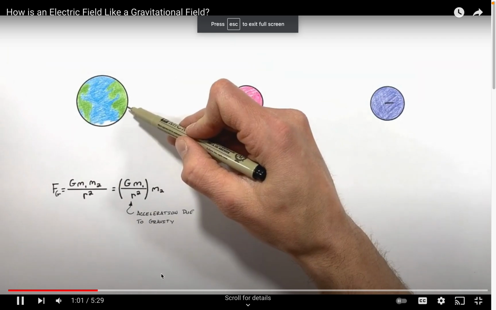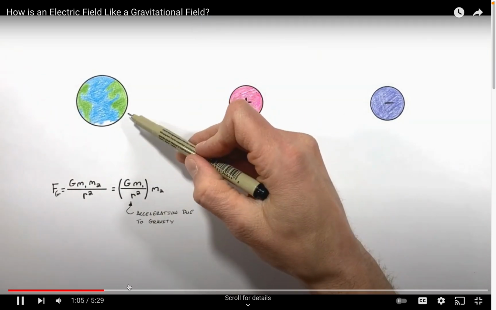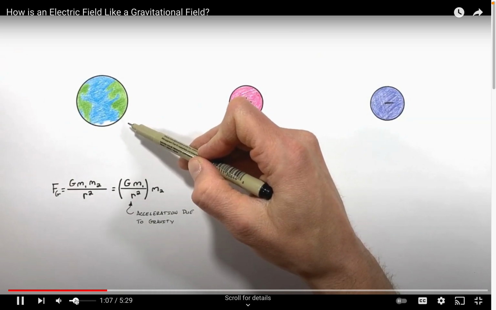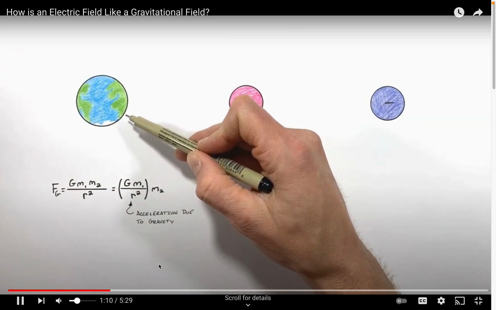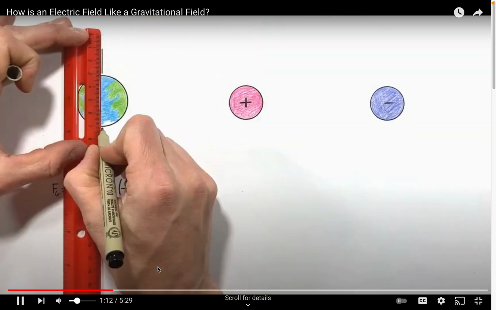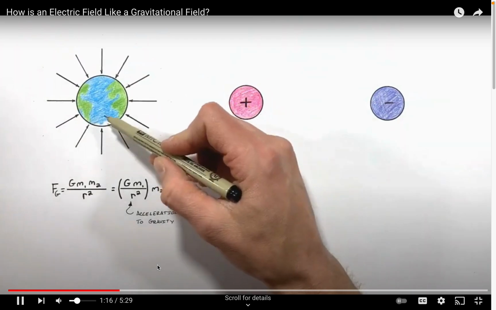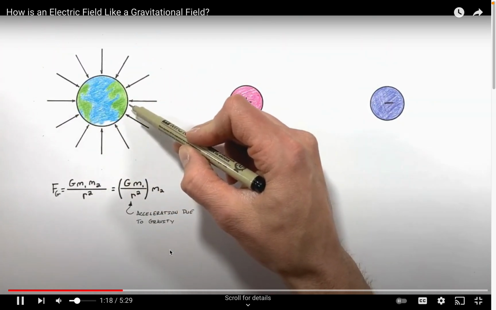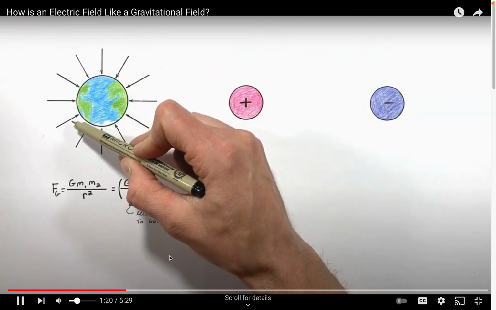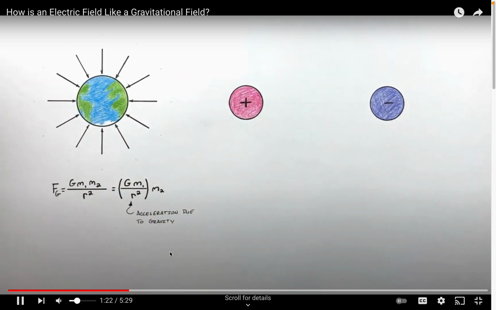Which here on the surface of the Earth is 9.8 meters per second squared. And we can show the magnitude and direction of the acceleration due to gravity using arrows. And these arrows show that regardless of where you are on the surface of the Earth, the acceleration due to gravity is always inward toward the center of the Earth.